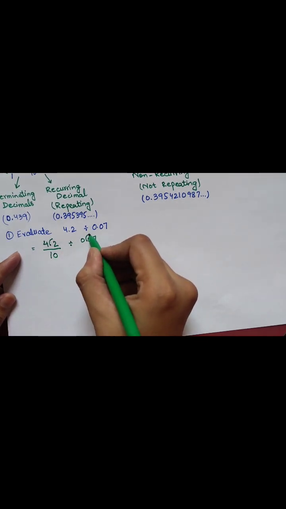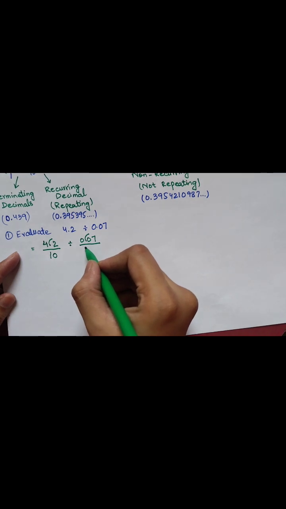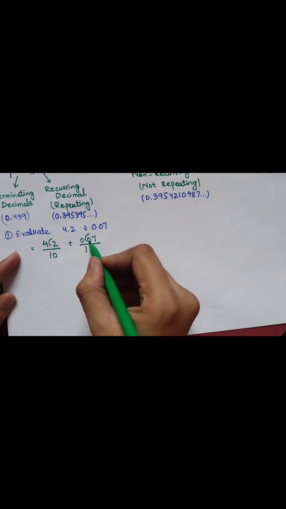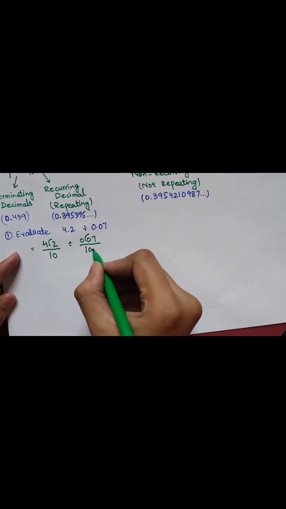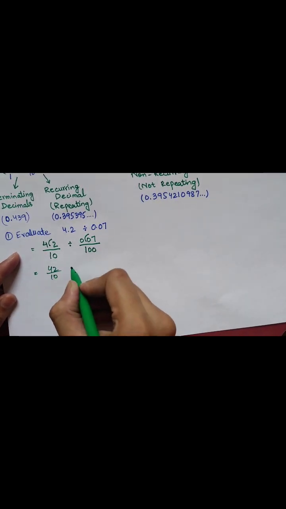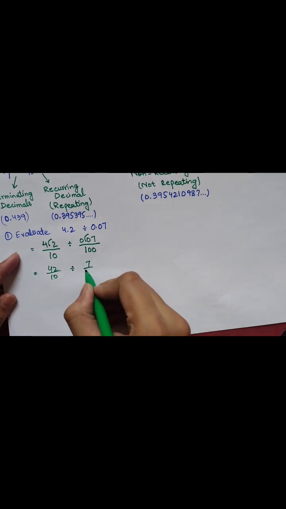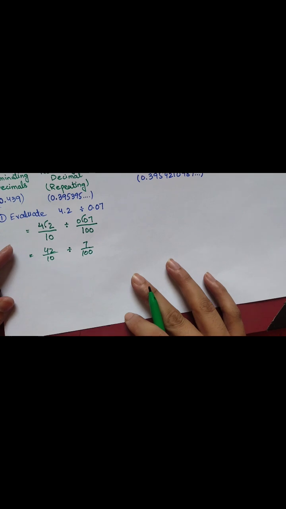Similarly, removing the point from there, we write in the denominator 1, and how many digits are there after the point? There are 2 digits, so we write 2 zeros below. It becomes 42 over 10 divided by 7 over 100. The zeros are before the number, so I omit it.